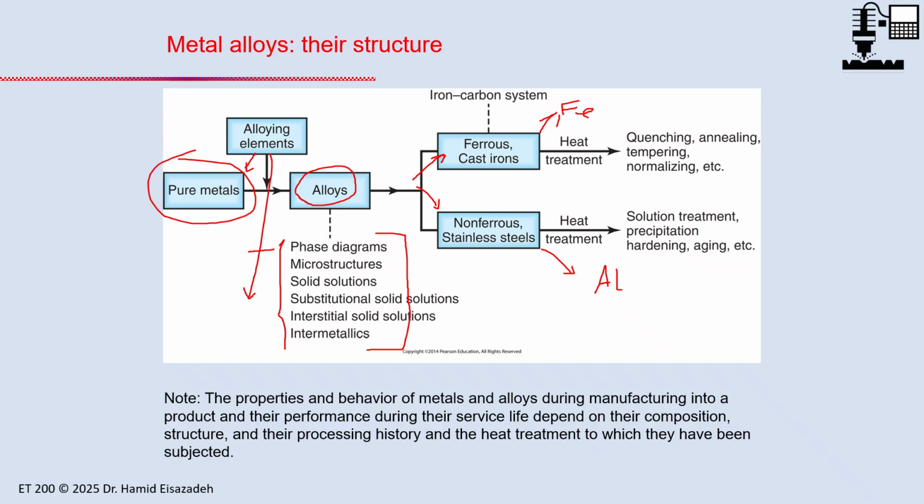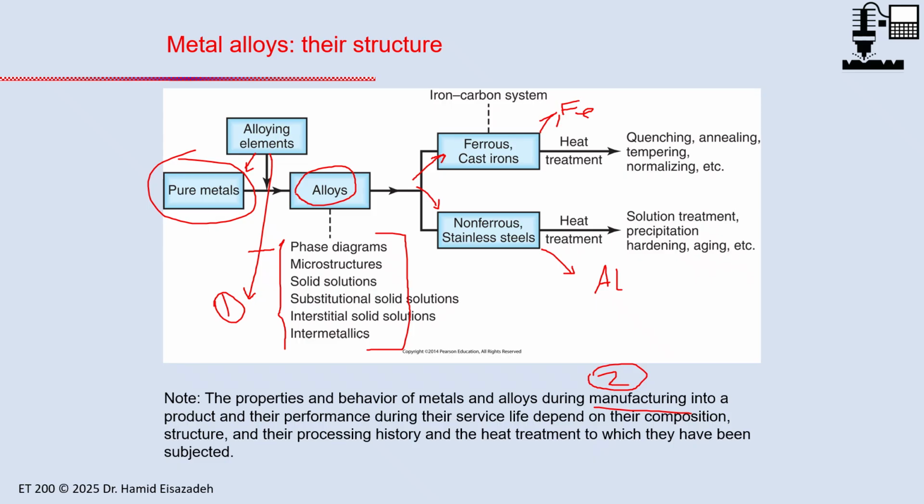The composition is one thing that affects the mechanical properties. Also the manufacturing process of the product can change the mechanical properties. So for example, how fast you're cooling the part.